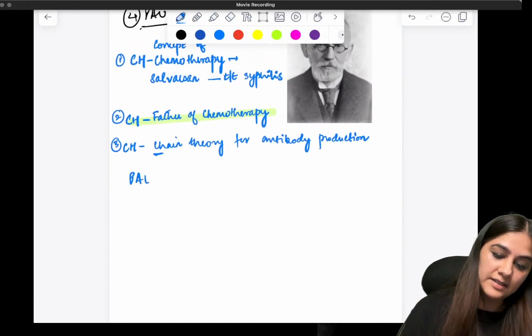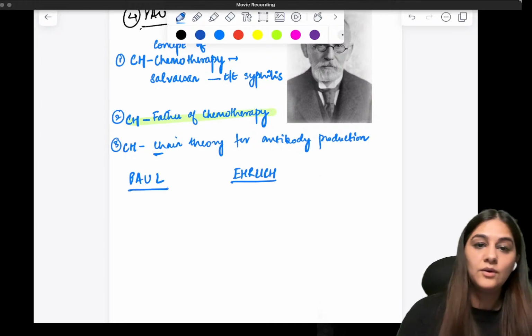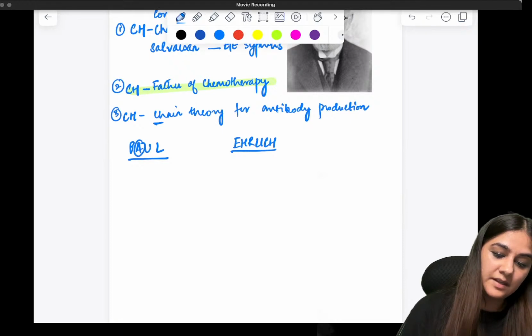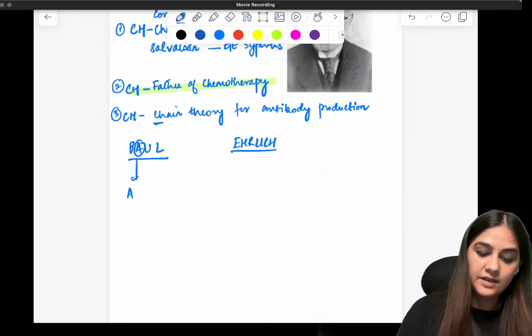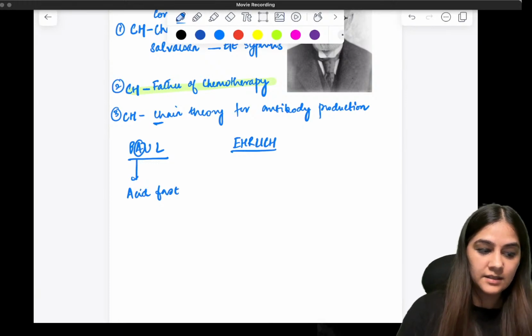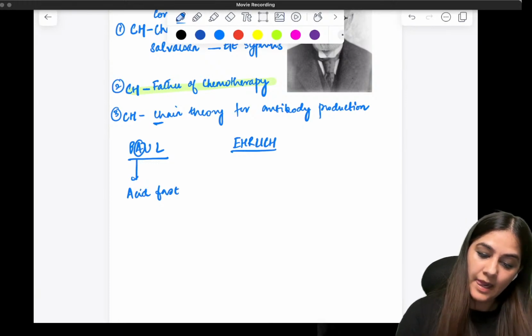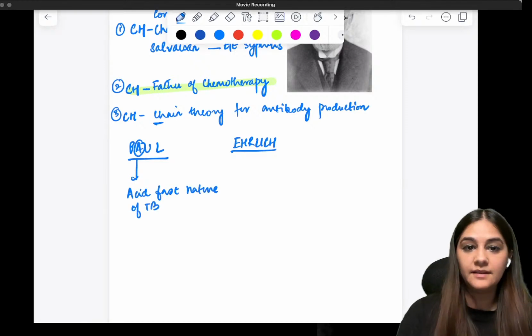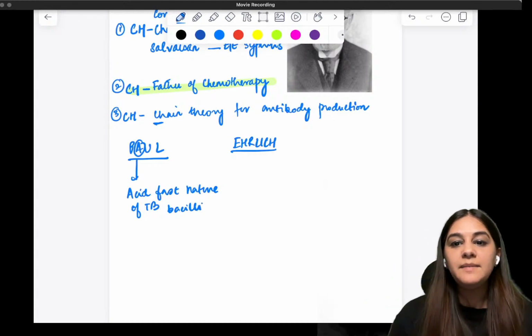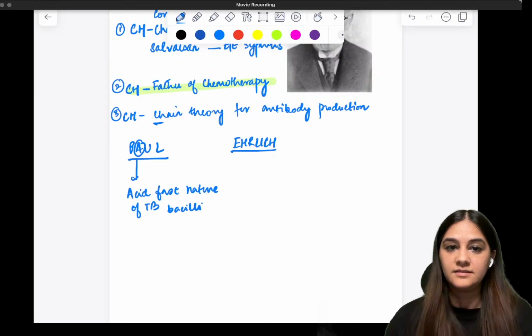Let's again write his name, Paul Ehrlich, right? What is the other thing that he gave us? From his name, he gave us the concept of the acid fast nature of the TB bacilli. He told us that TB bacilli is acid fast, right?